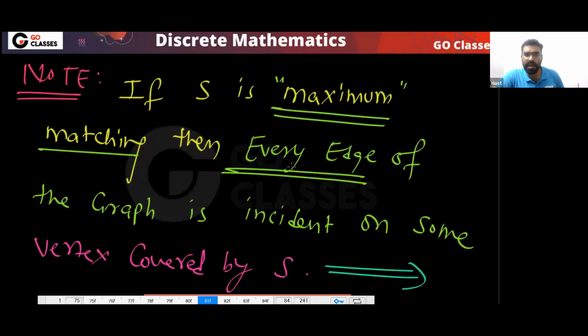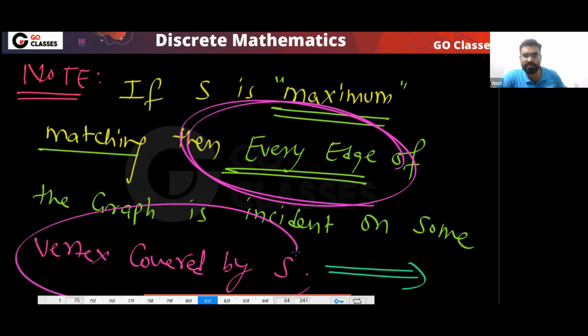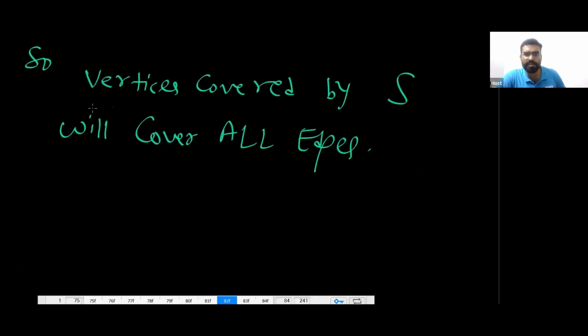Because already you know that every edge is falling on these vertices which are covered by S. It means these vertices will cover all the edges.